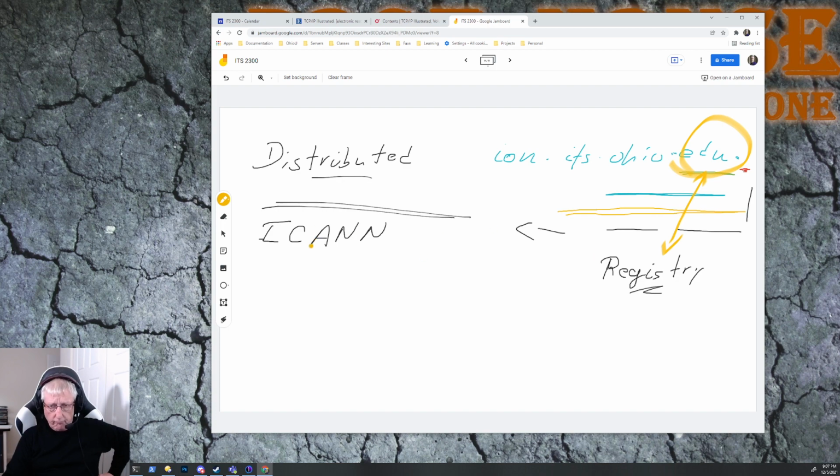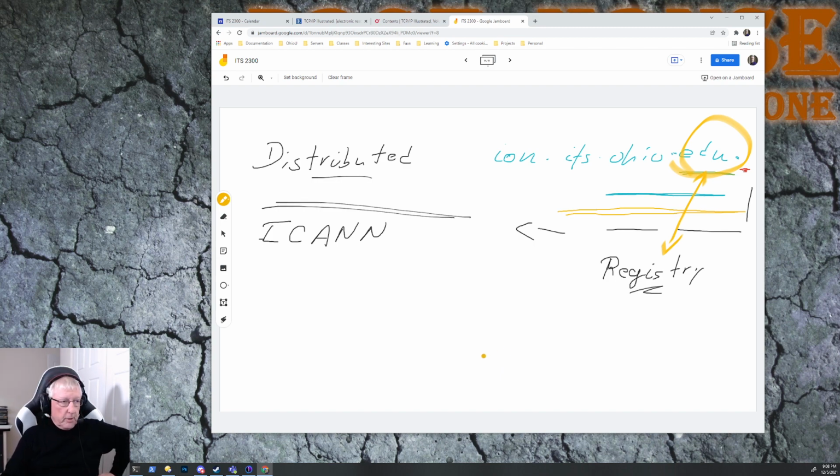ICANN has two roles here. First of all, they write the rules that basically determine what top level domains are valid. And some, like edu and com, are very old. They've been around for a long time. There are some really new ones like .beer and .ninja. I picked up profcruise.ninja a couple of months ago.